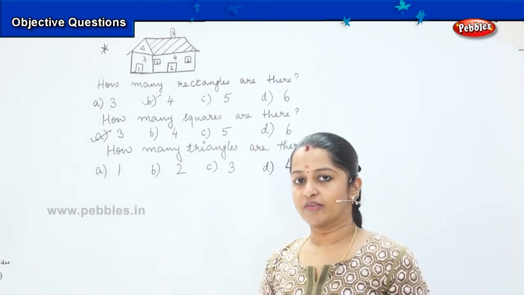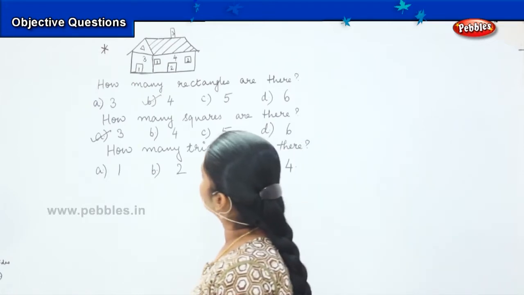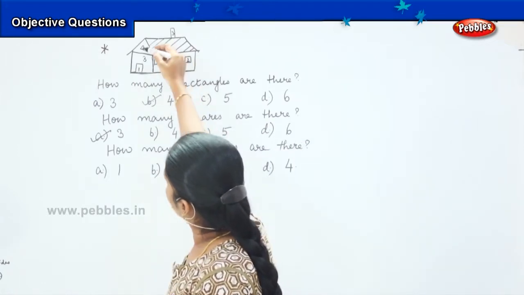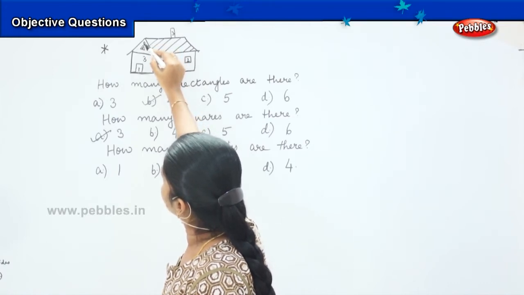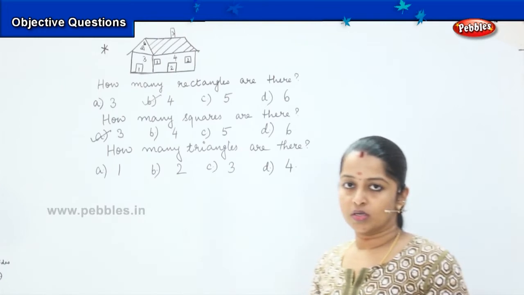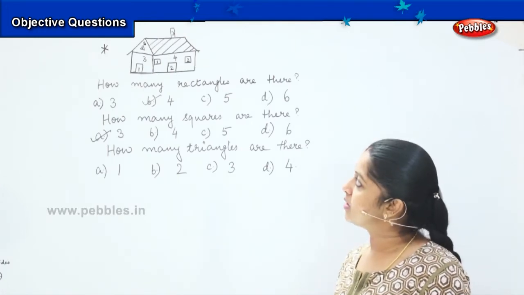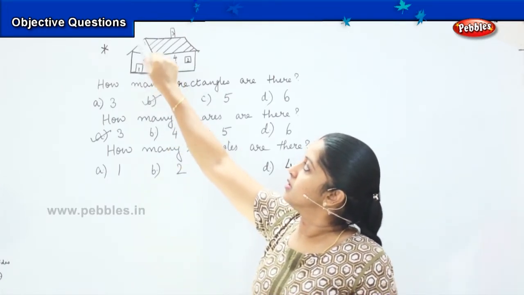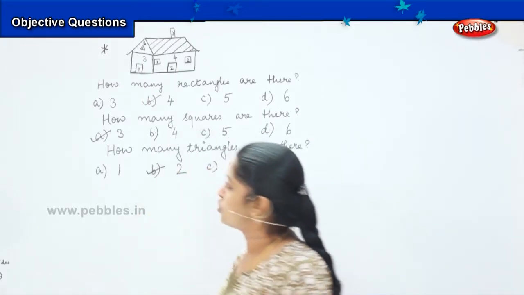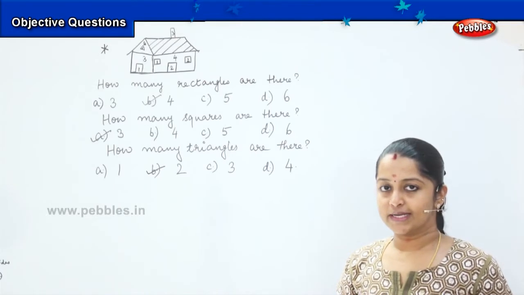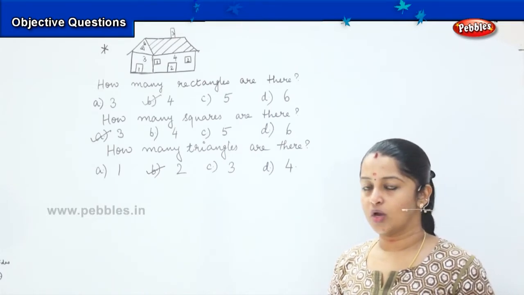So, shall we count the number of triangles here? Where can you find the triangle? 1 over here, the small one, and 1 over the bigger one, 2. So, how many triangles can you see in total? It's just 1 and 2. So, my right option is B, 2. Is it clear, children? Okay.